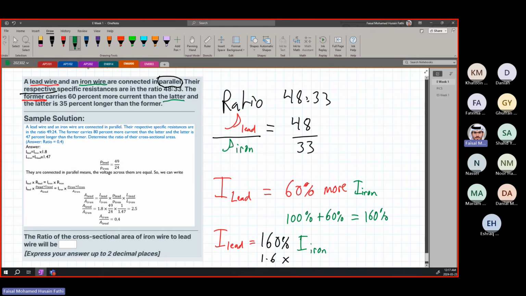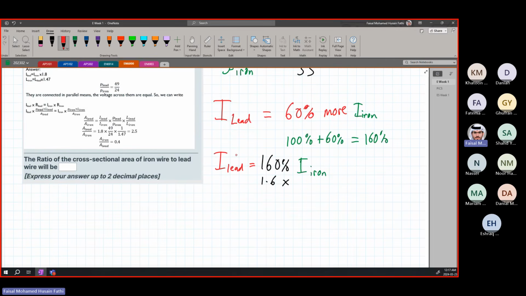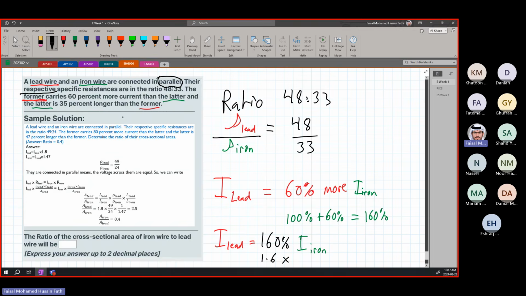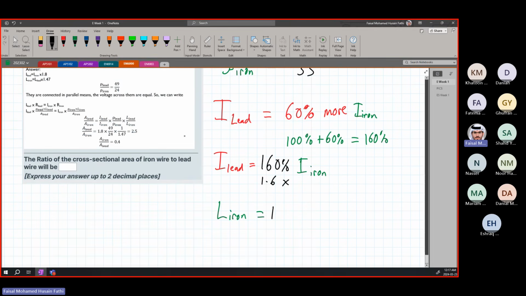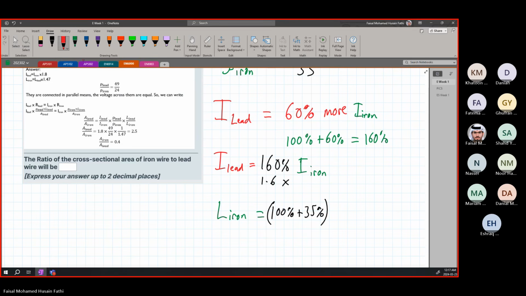And then the latter, which is iron, is 35% longer, meaning length longer than the former. Again, we do the same thing. So L of iron, the latter, is equal to 35% more, so 100% plus 35% of L of the former, which is L of lead, the length of lead.